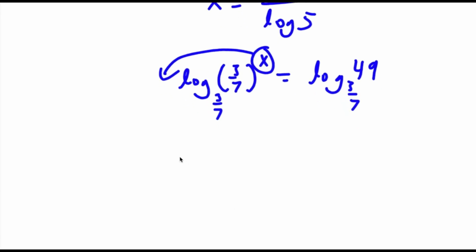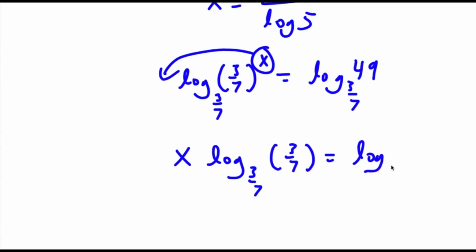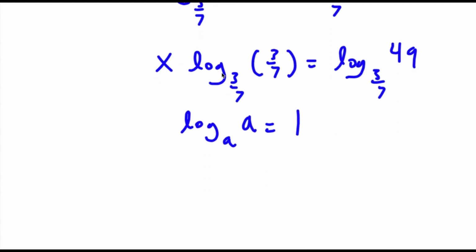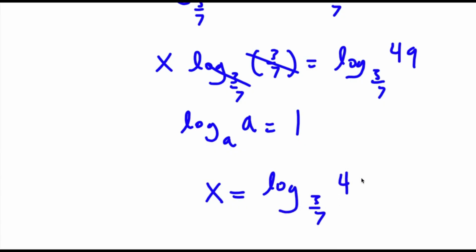So now I have x times log base 3 over 7 of 3 over 7 is equal to log base 3 over 7 of 49. Now, if I have something in the form log base a of a, this is simply equal to 1. So in this case, I have log base 3 over 7 of 3 over 7. These two cancel out, so I'll be left with x is equal to log base 3 over 7 of 49.